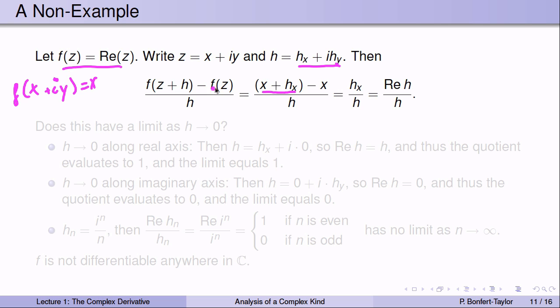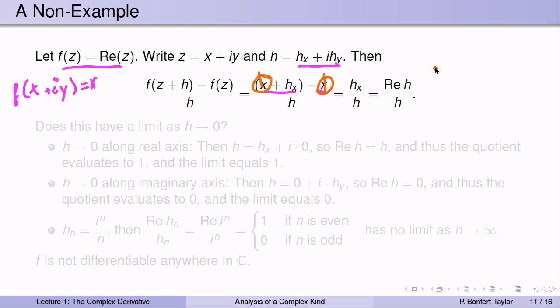We subtract from that f of z. f of z is just x. We see that there is an x here, and we subtract x here, so that cancels out. The numerator becomes simply hx. The denominator is h. hx was the real part of h. So the difference quotient is simply the real part of h divided by h.